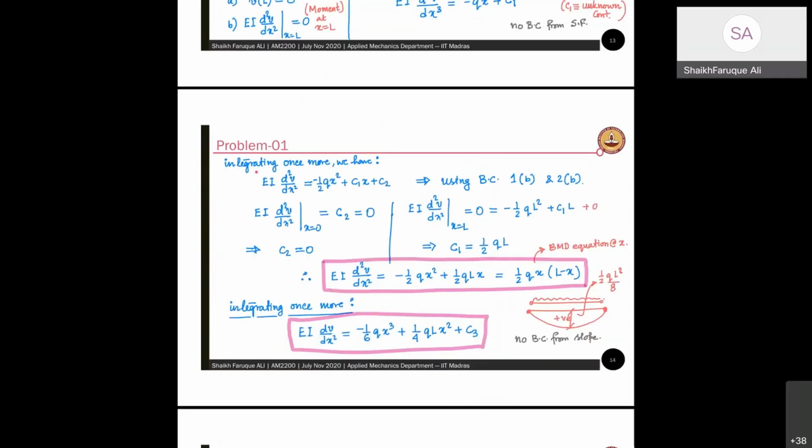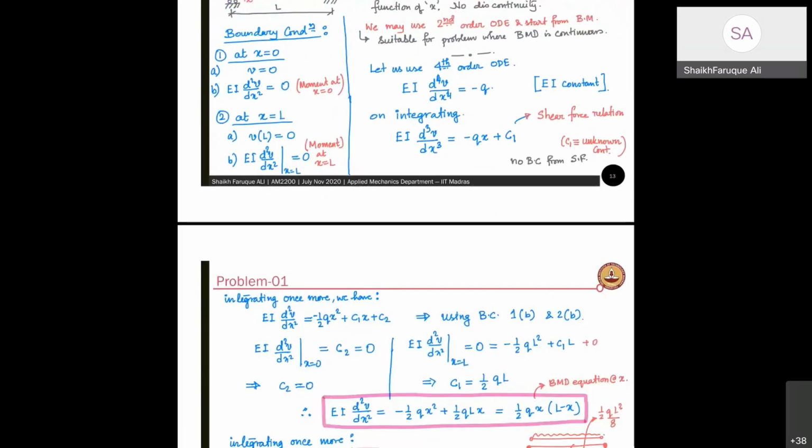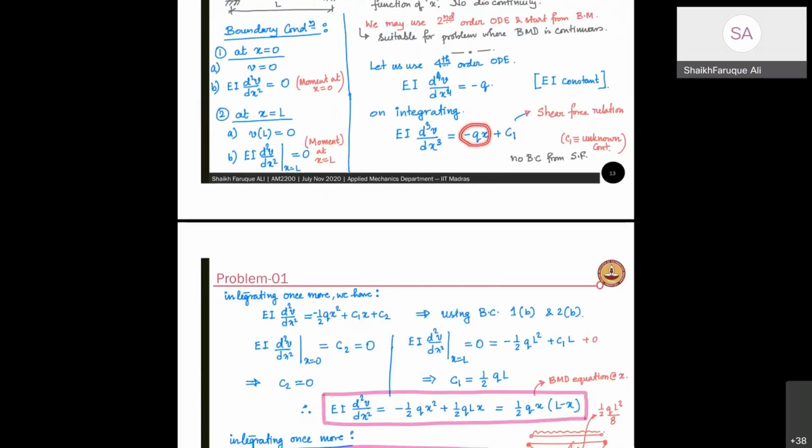Now integrating once more, we have EI d square V by dx square, because I'm integrating once more. And then this qx will become half qx square, C1 will become C1x, and plus there will be another integration constant C2. Now you have 2 boundary conditions at this level, right?